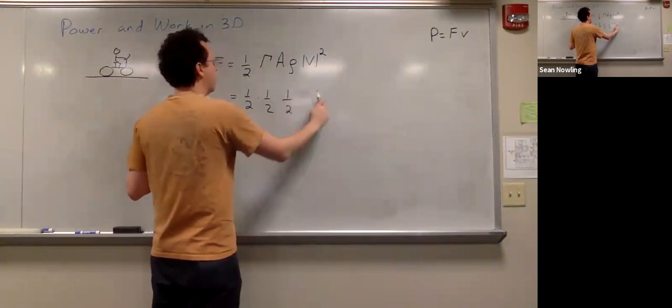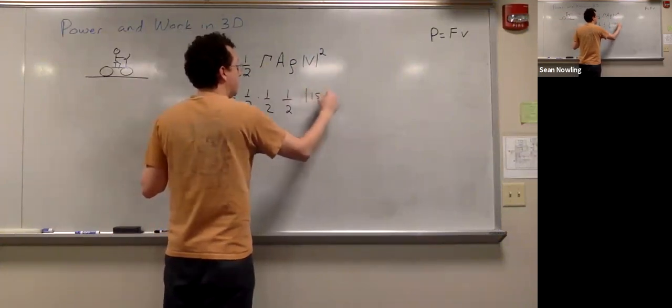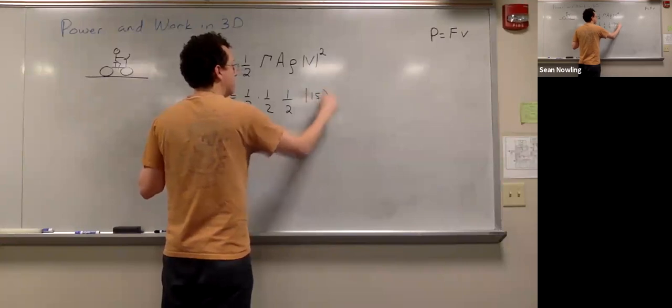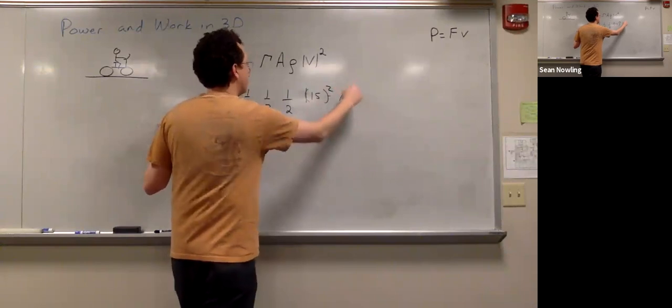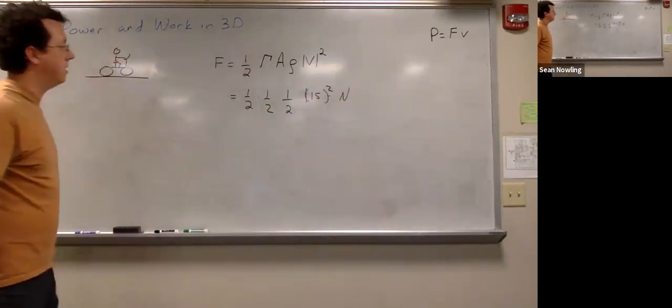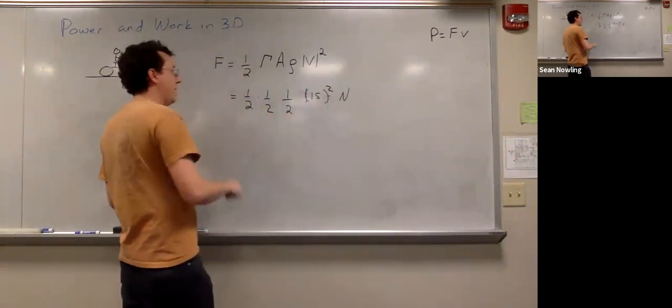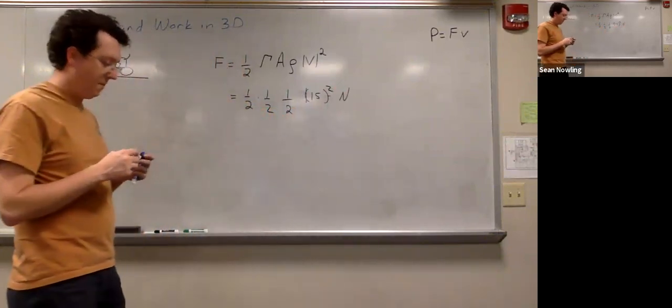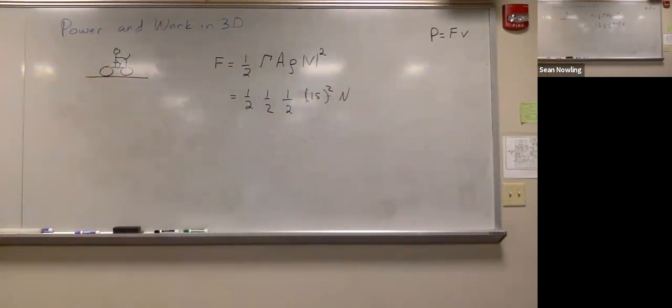The units will work out. And then let's assume you're trying to pedal at 15 meters per second, squared. And the units will come out in newtons when it's all said and done. All right? So 15 squared is 225. 2 cubed is 8. 225 divided by 8 is going to be a little bit less than 30.